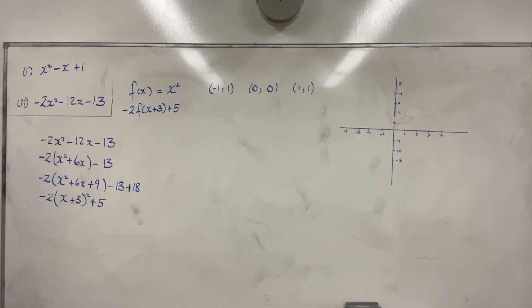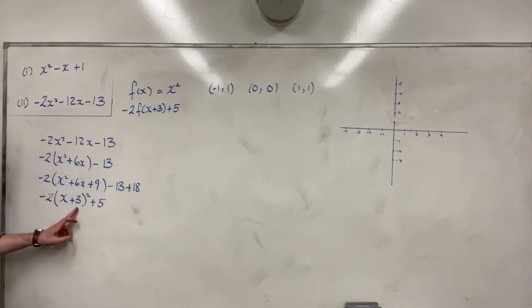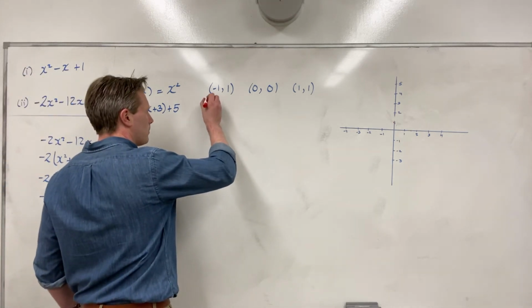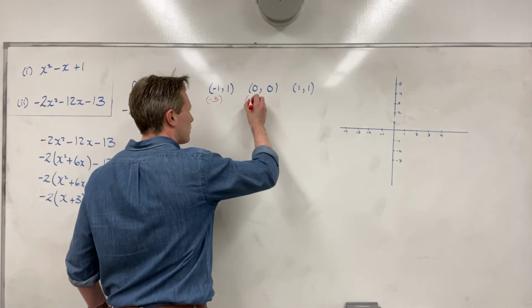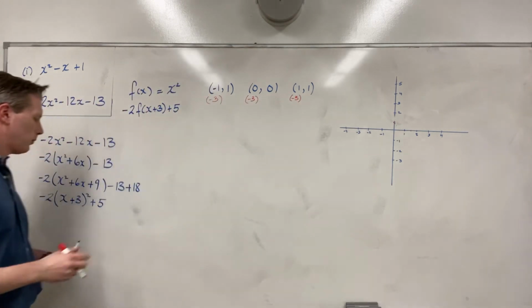So what is the effect of that then? Well, the only effect on the x coordinates of my points, minus 1, 0, 1, is this plus 3. This translates it to the left 3 units, and so my x values will go down by 3. How about the y values?